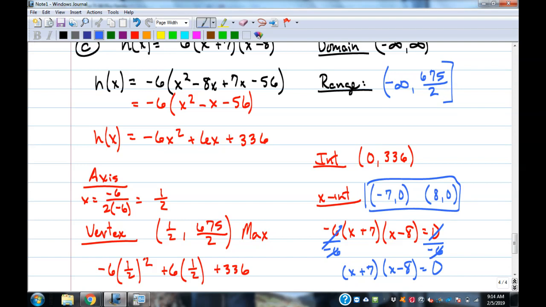Okay, so last thing in this section is writing an equation given certain info. Okay, so here's the things that they can give you.